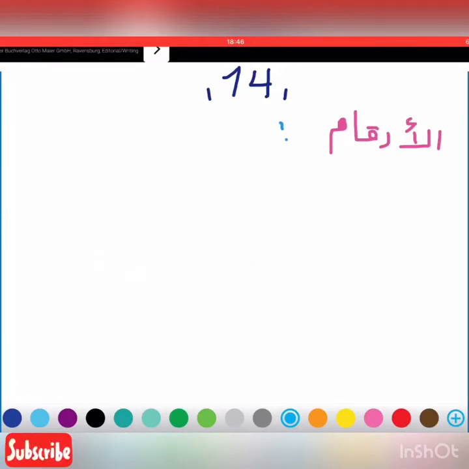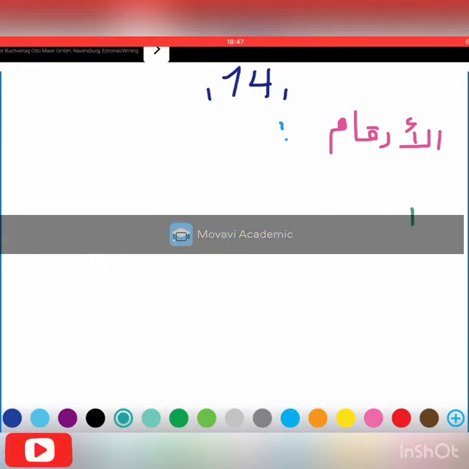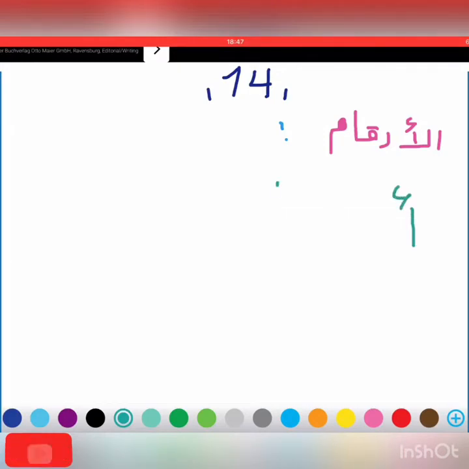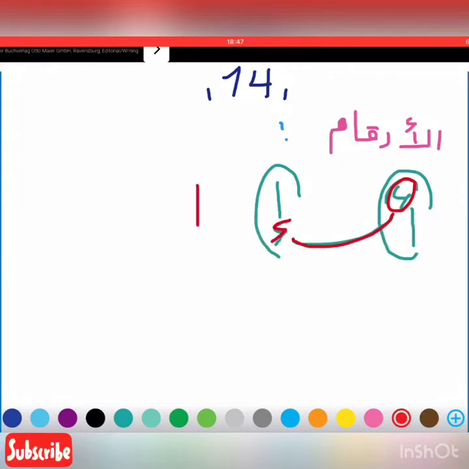صفر, 0, واحد, اثنان. So, look, alif with hamza, this is a, okay? But if the hamza comes here, below, we say e, okay? This is a, this is e.